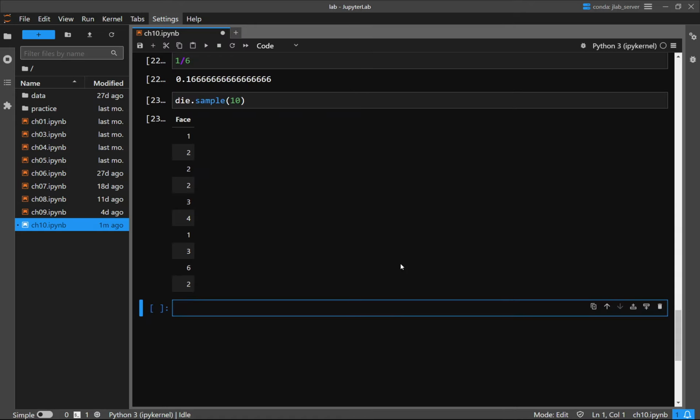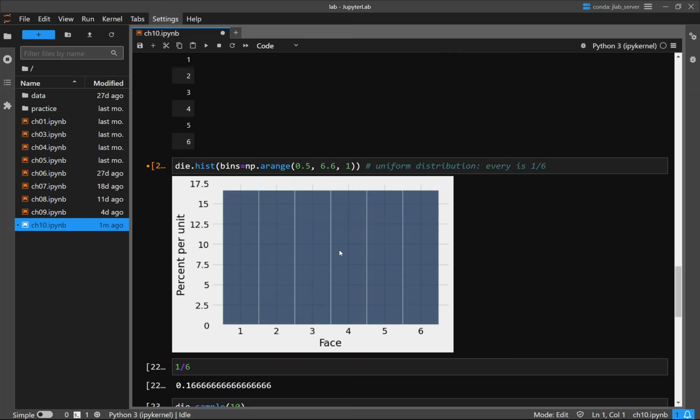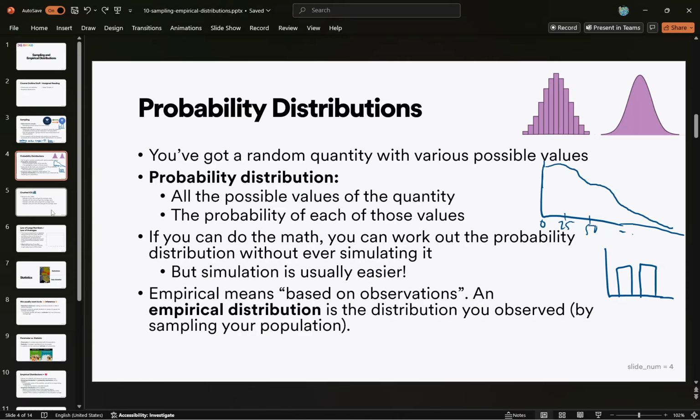If I took a large enough sample, like 1,000 or 1,000,000 of this table, I think you can imagine it's going to start looking like this. Does that make sense? That's where we're going to go. Okay, so that is the goal. And do I want to get there first or second?